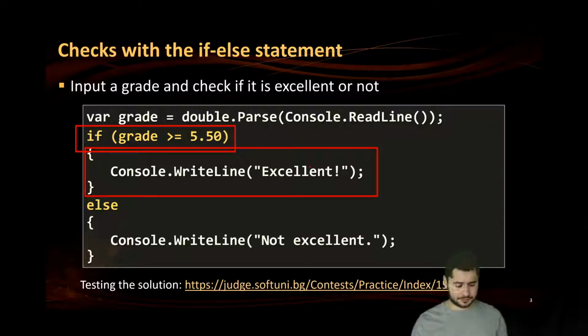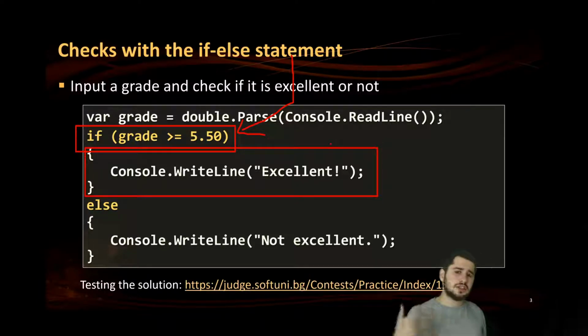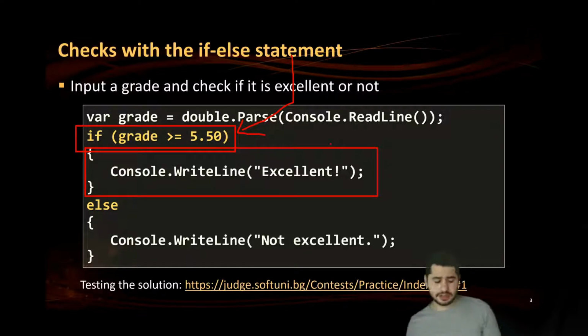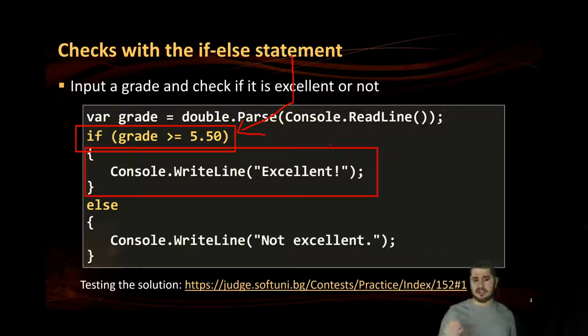So the condition is if the grade is greater than 5.5, output excellent. Don't output anything else, just excellent and stop there. But if that condition is not met, in every other case, output not excellent.